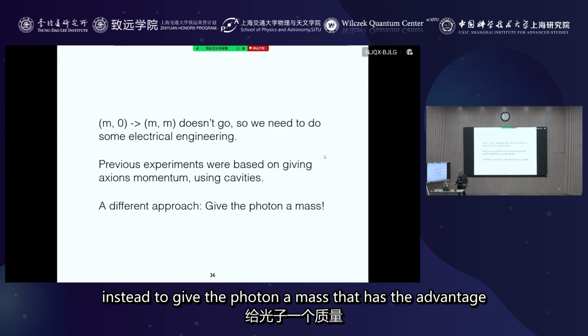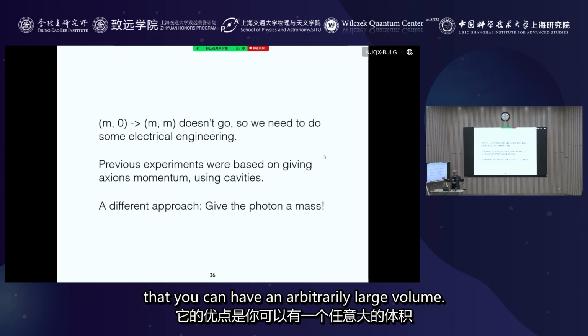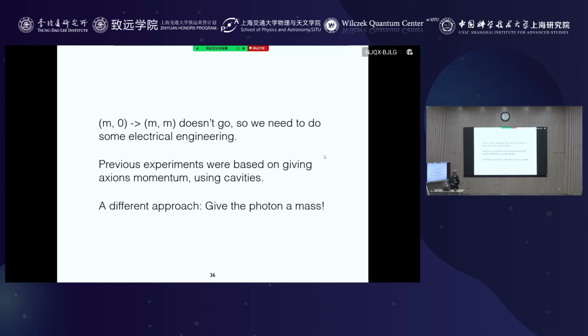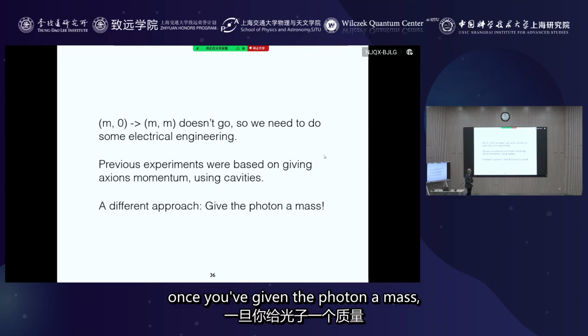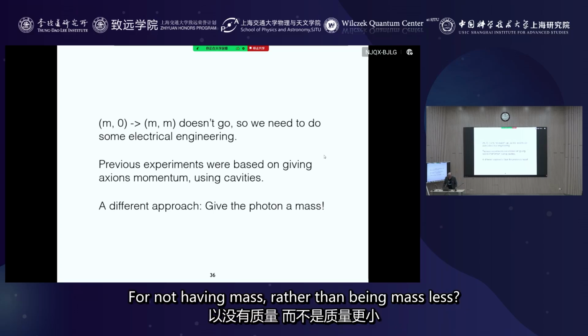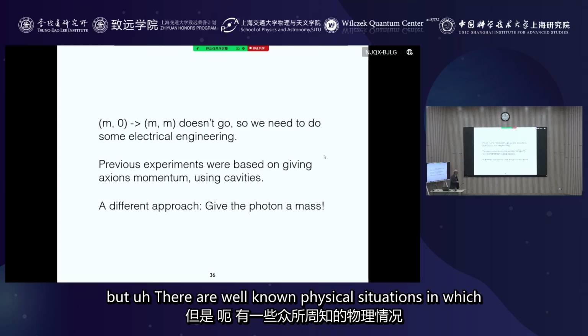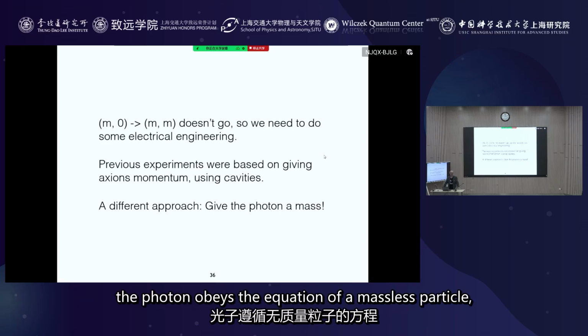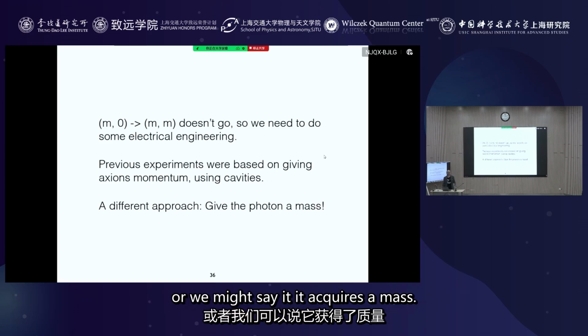That has the advantage that you can have an arbitrarily large volume in principle once you've given the photon a mass. Now, photons are famous for not having mass, for being massless. But there are well-known physical situations in which the photon obeys the equation of a massive particle, or we might say it acquires a mass.